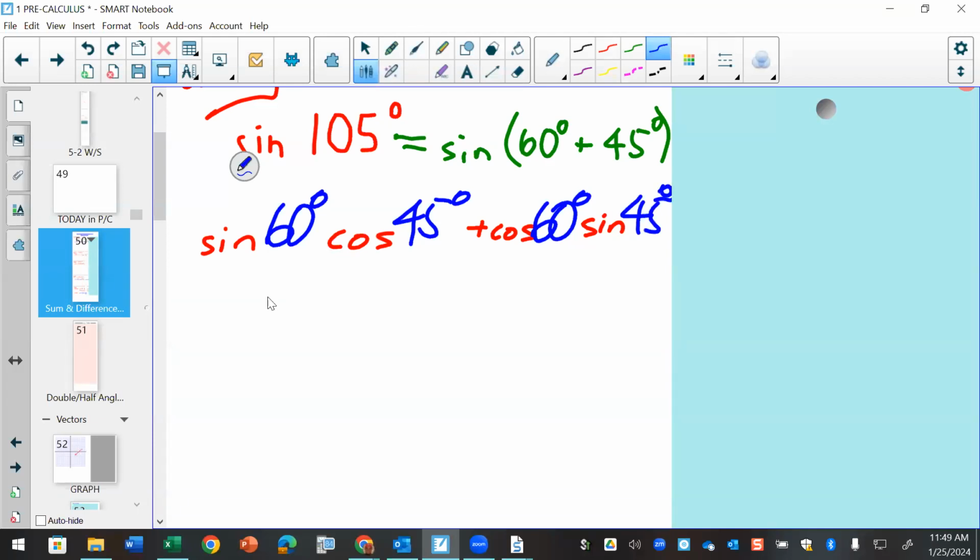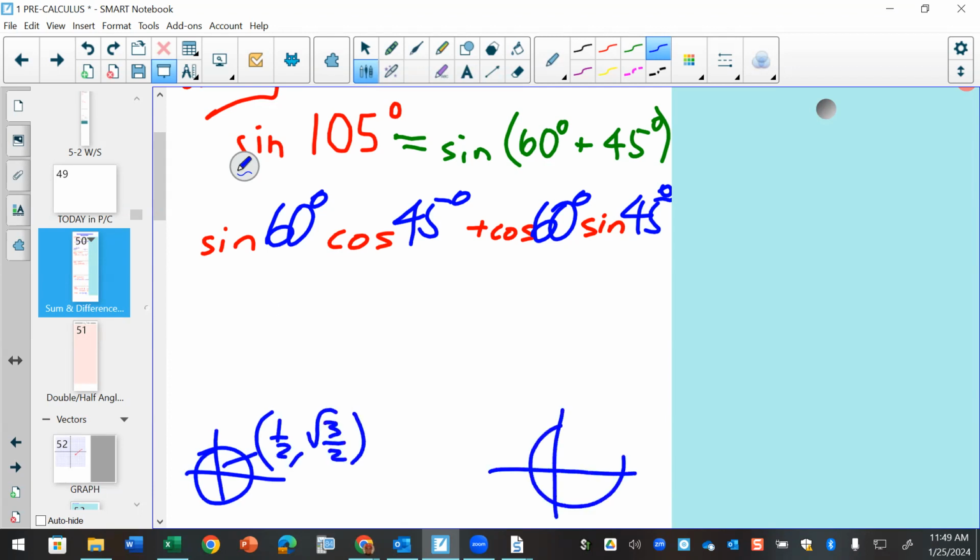Okay. And then here we go to the 60 unit circle. And 45, I shouldn't have erased it, right? Okay, let's go, start pulling. What sine over here at 60? Square root 3/2.